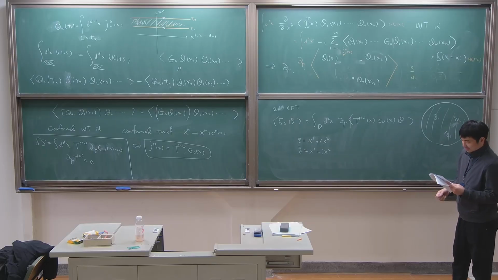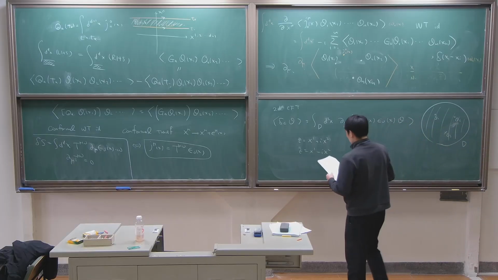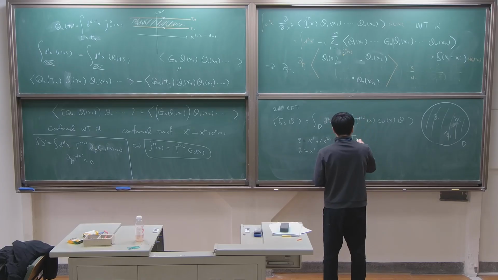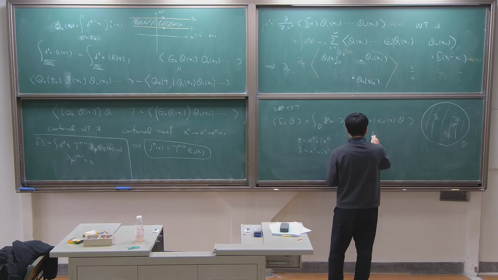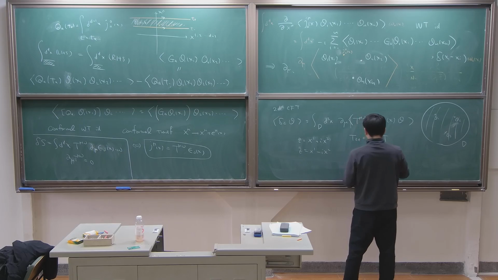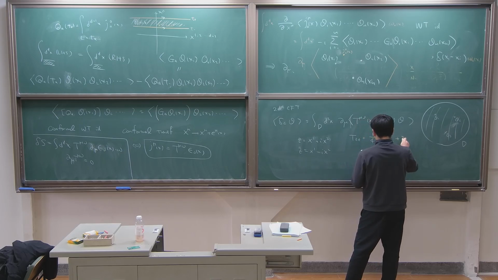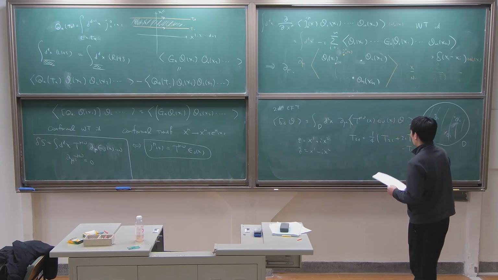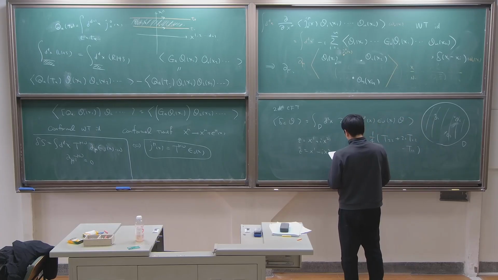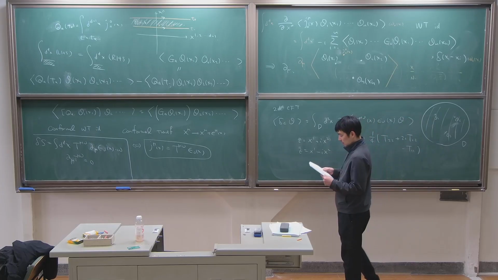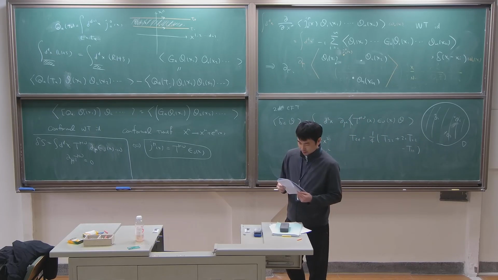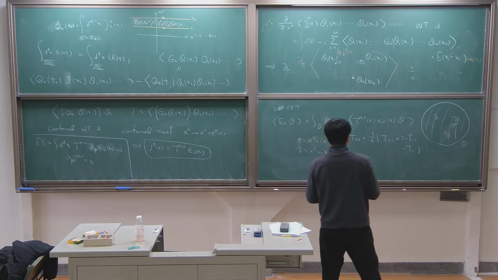Okay, so T_zz is like 1/4 of T_22 plus 2i T_12 minus T_11.